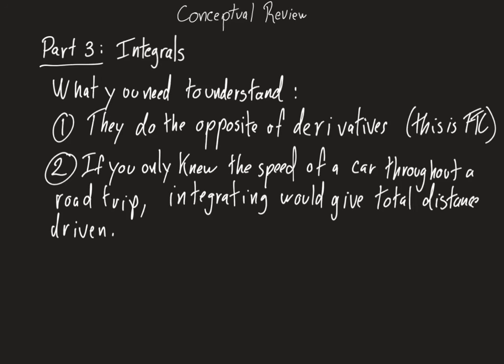I know this sounds strange because it's hard to think of a situation in real life where you'd be so limited in your information. But even in economics, in physics, in engineering, this happens quite a lot, that you only have information about the speed or about the derivative. And integrating allows you to reconstruct information about the process you started off with. And that in itself is pretty cool.